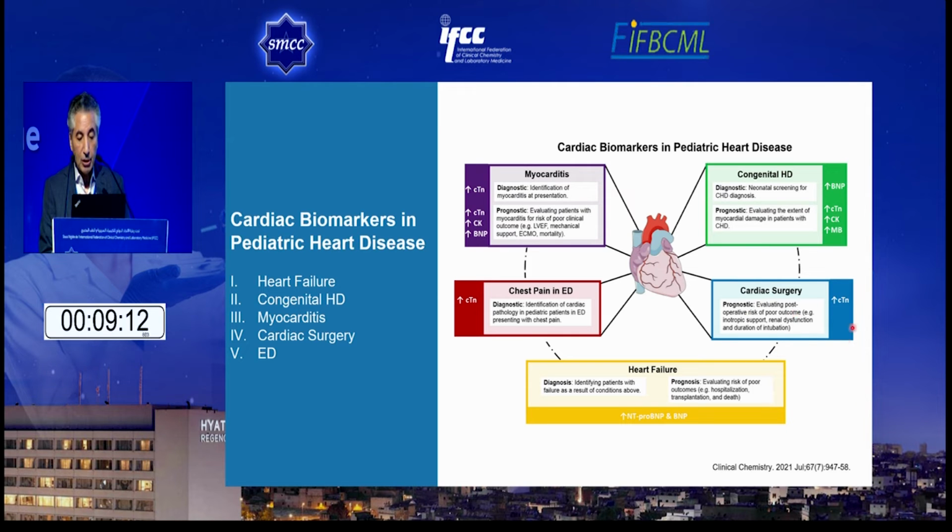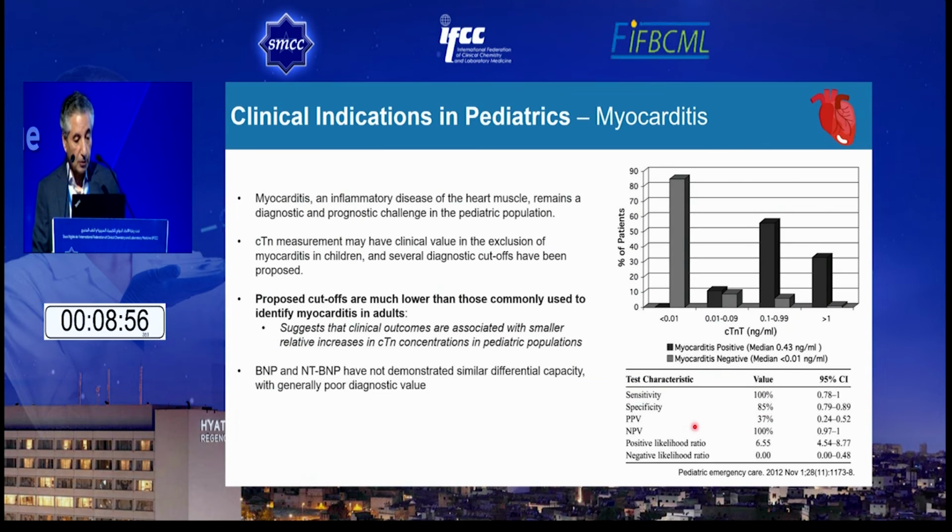So using cardiac troponin and NT-ProBNP has become fairly common. And heart failure also, we actually have a pediatric heart failure program in our hospital, and therefore the use of NT-ProBNP in that hospital. Now in myocarditis, I'm going to review each of these areas in some detail.